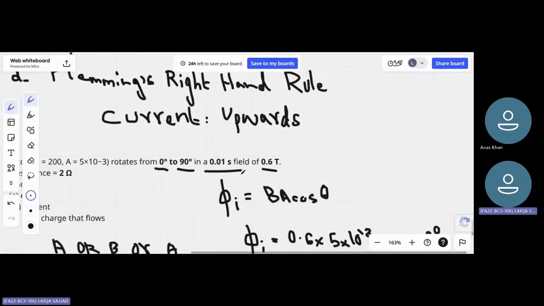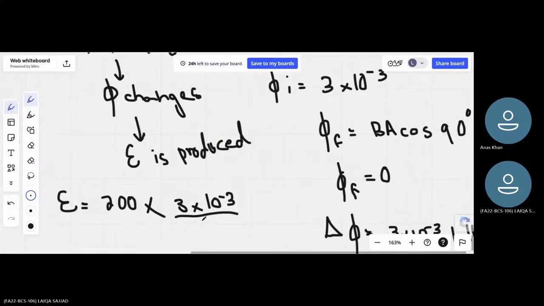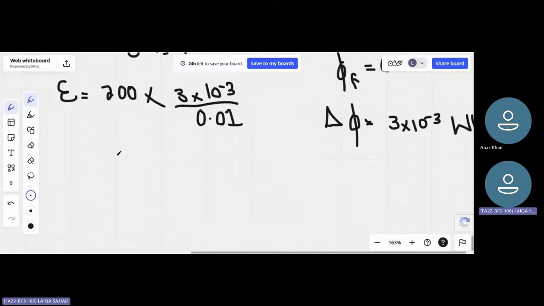It was 0.01. So the EMF produced would be 60 volts. This is part A.